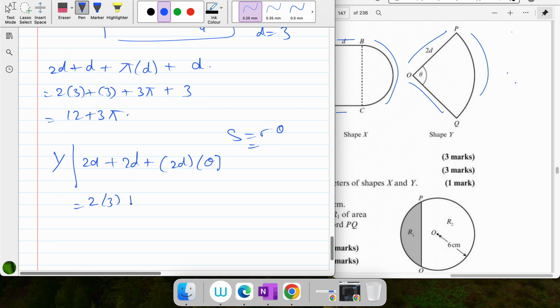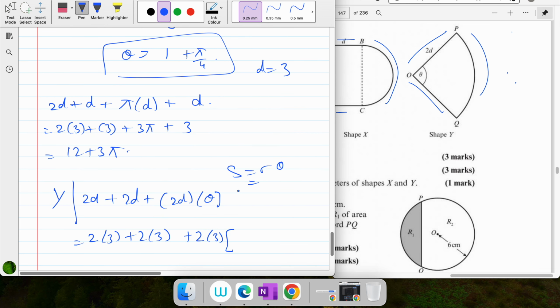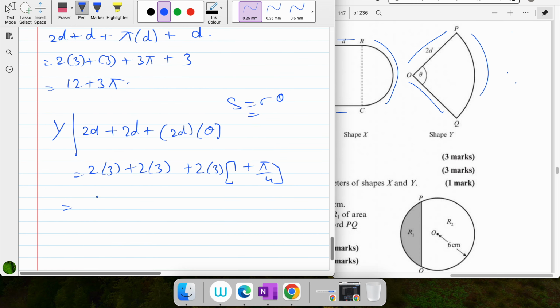So 2 into 3 plus 2 into 3 plus 2 into 3 into the value of theta, which was 1 plus pi by 4. So 2 times 3 is 6, plus 6 is 12. 6 into 1 is 6, and 6 by 4 pi. That gives 18 plus 3 by 2 pi.